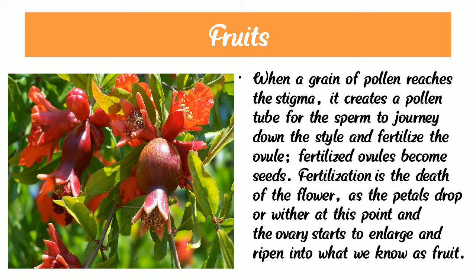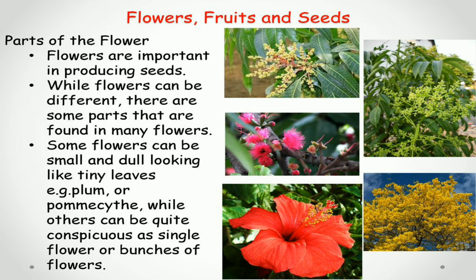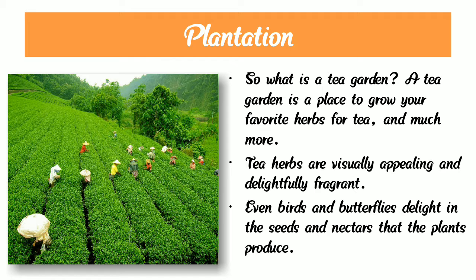Then fruit. Flowers grow into fruits, and some flowers are important for producing seeds. And then plantation. Tea and coffee are cultivated on a plantation. Here we can see a plantation of tea and coffee garden.